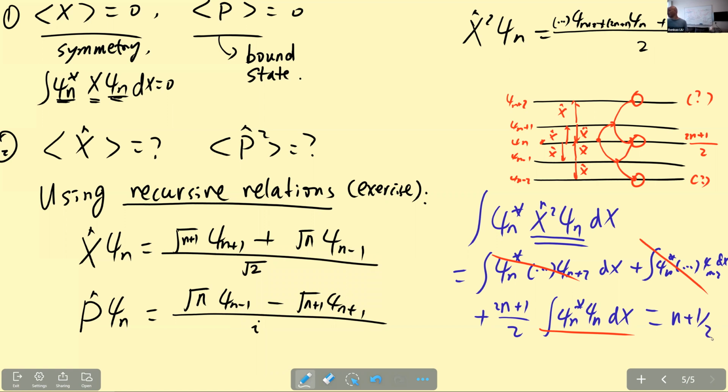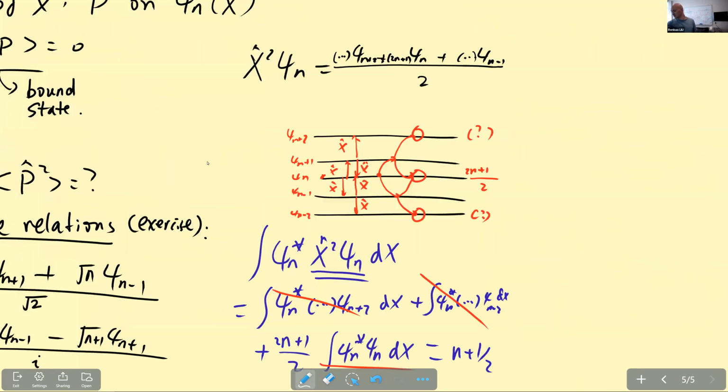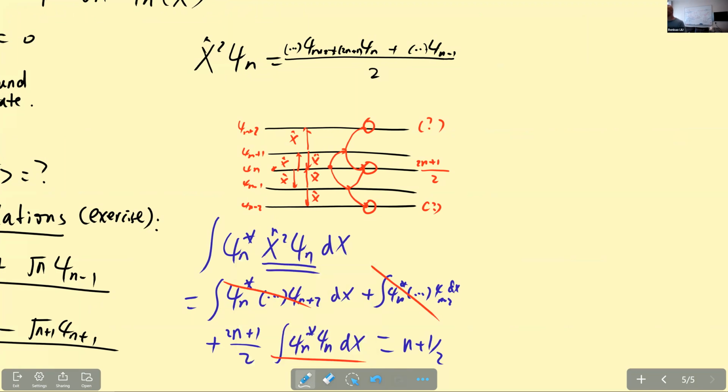Of course, you can do the same thing for the momentum state.